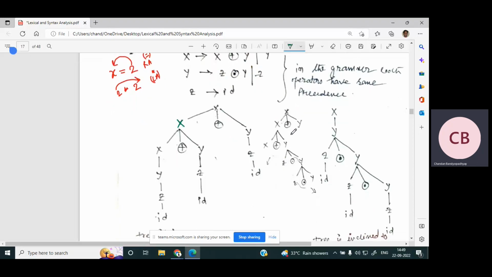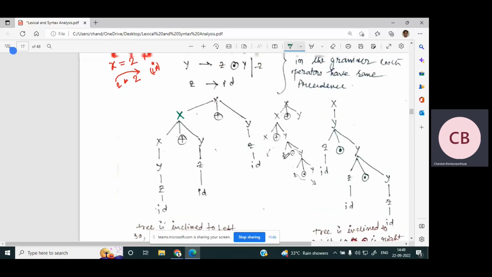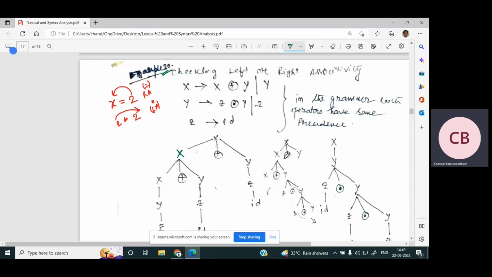If I take a sample string, these are the production rules, correct? It is associated with a grammar. Our question is: find the associativity of the operator XOR and XNOR, or it may be different notations, correct?